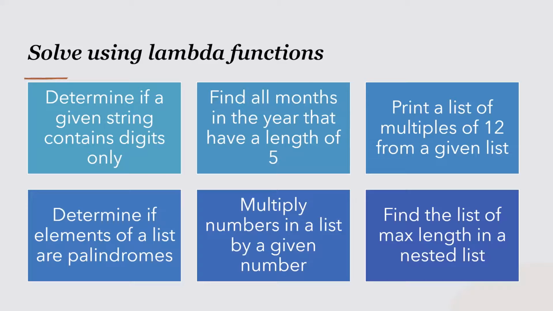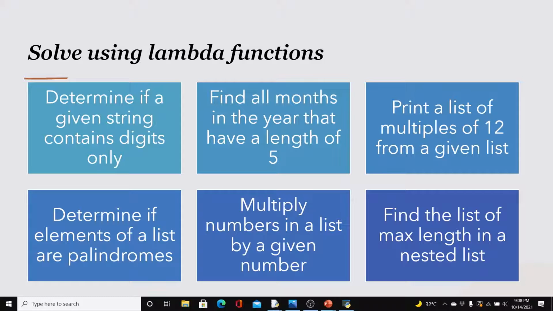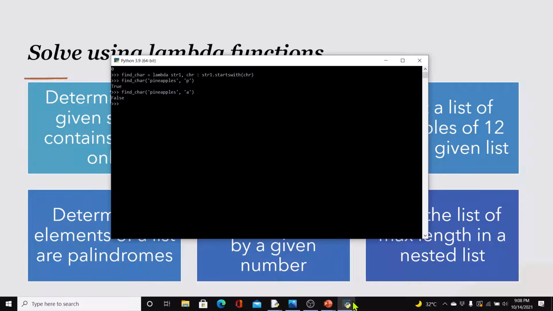Some more examples for you to practice on. Determine if a given string contains digits only. Now, I'm not sure I've mentioned this to you, but in any case, there's a function. So if we have a string, let's say s equal to 2, 3, 4, 5 in string format, and we say s dot isdigit, we get true.